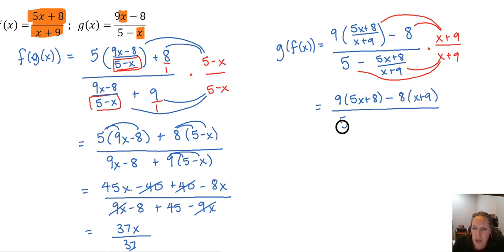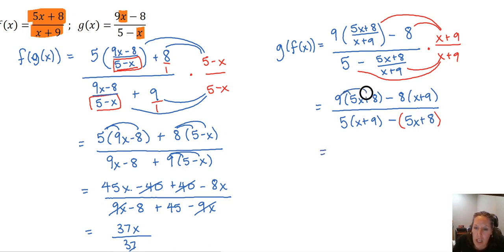In the denominator, we get 5 times x plus 9, minus everything cancels in our denominator here, and we're left with 5x plus 8. The most common mistake here is going to be to leave off those parentheses. Make sure that you don't fall into that trap, and distribute that negative.